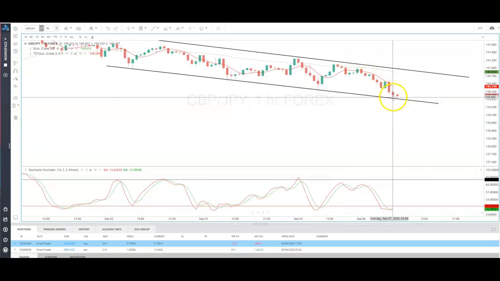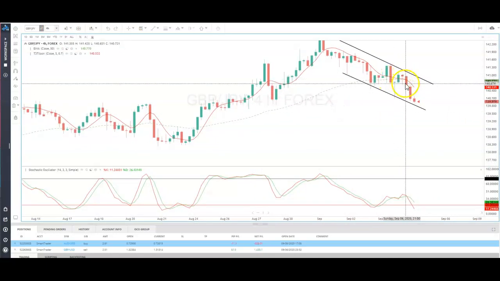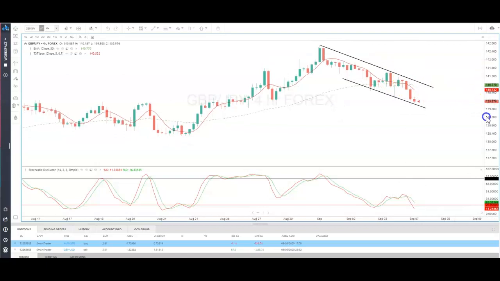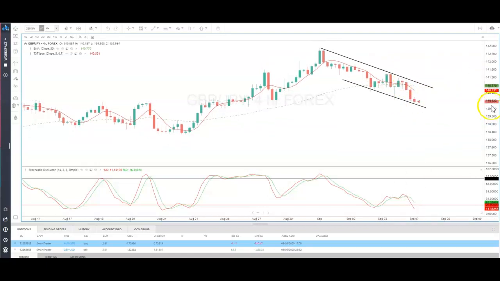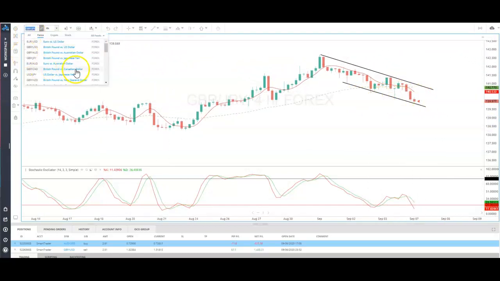We would look to sell when price is below the 50 moving average line on the 1 hour chart or maybe even the 4 hour chart. See that? Price is below the 50 moving average line on the 4 hour chart as well. So you need to look at higher time frames to see the overall direction of a currency before you scroll down to a 15-minute chart and take a trade.